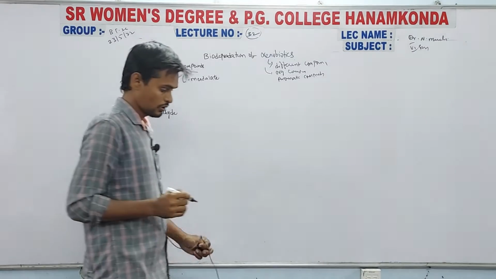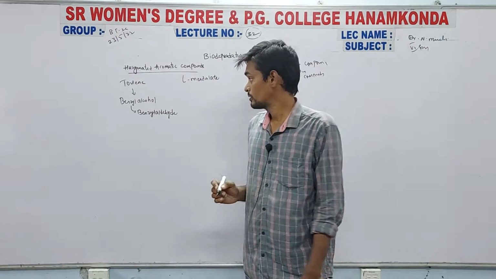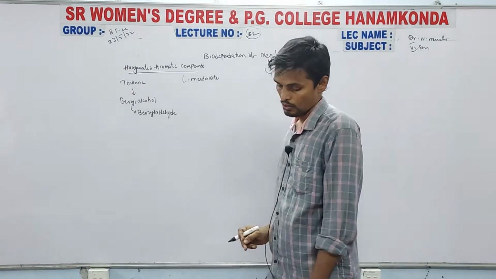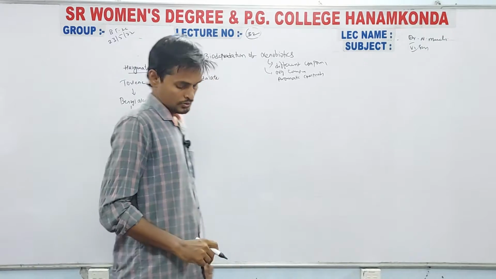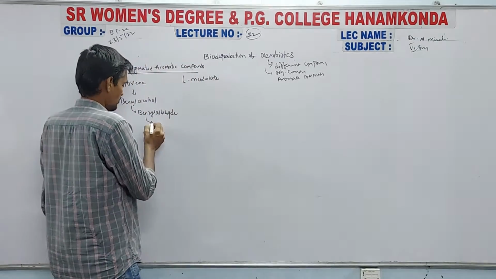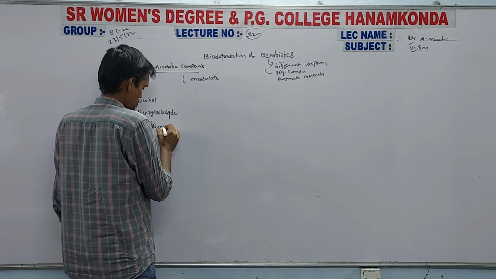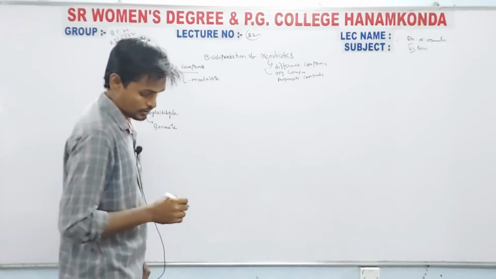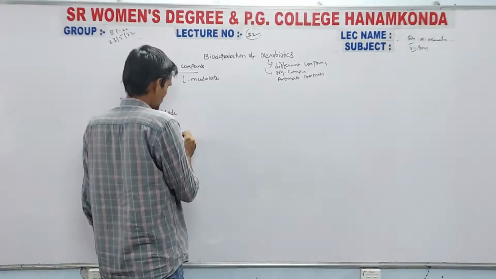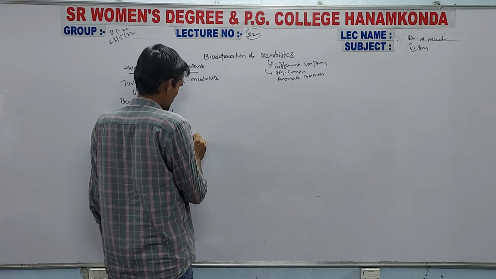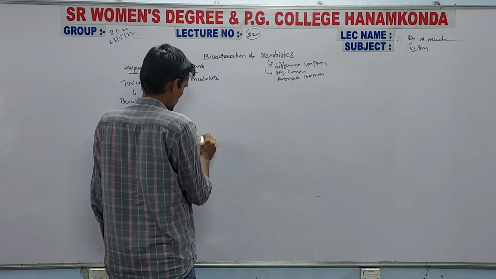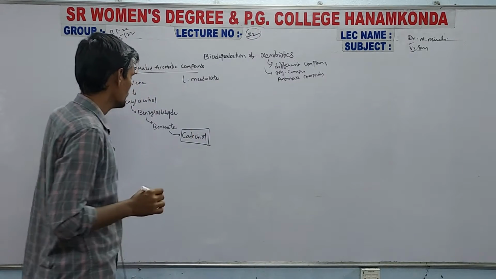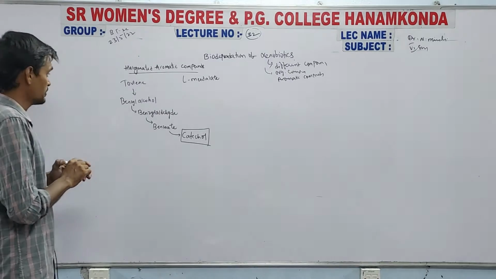This benzaldehyde in turn forms benzoate and ultimately results in formation of an intermediate, that is catechol. So this is the degradation procedure for toluene.